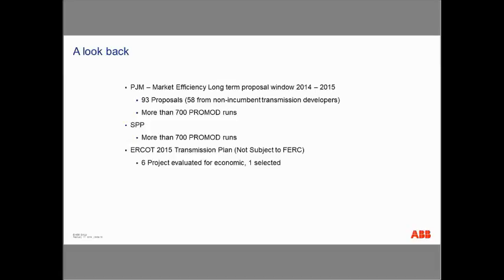The window was November of 14 through February of 15, where they were accepting proposals. And during this process, they received 93 proposals for the needs that were identified by PJM, so congestion needs and constraints. And they got 93 proposals of potential solutions to solve that congestion.